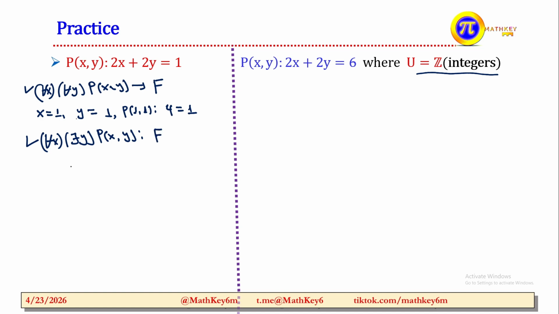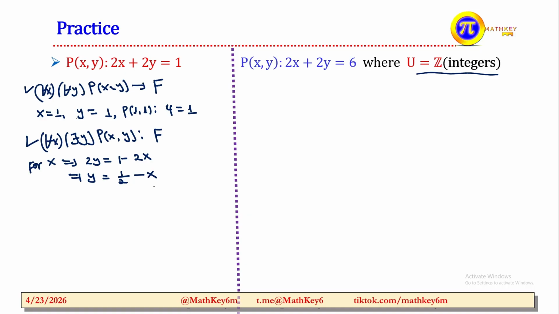Why is it false? This shows that for every x we can take any x. Then 2y = 1 minus 2x. Divide both sides by 2. This shows that y = 1/2 minus x.